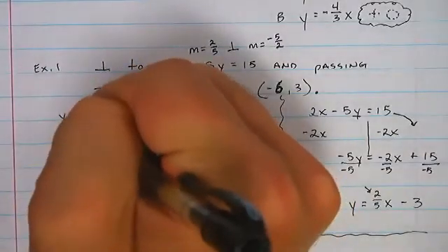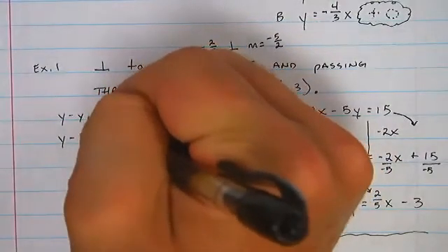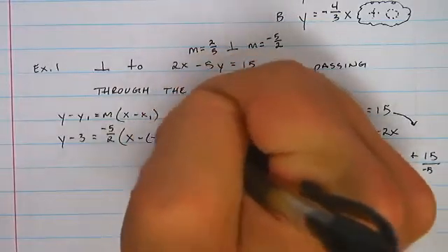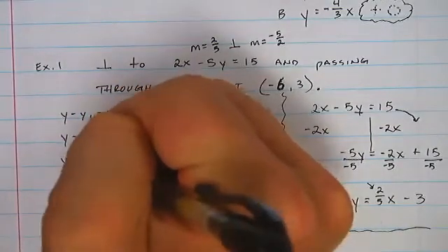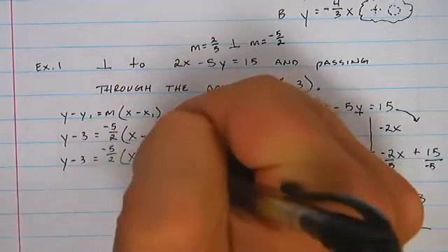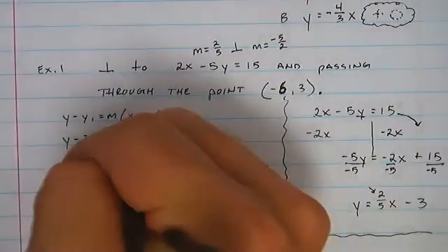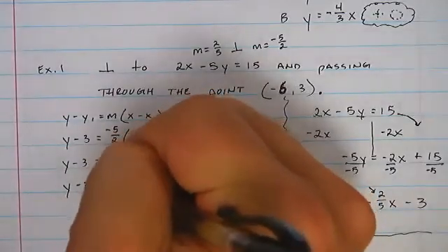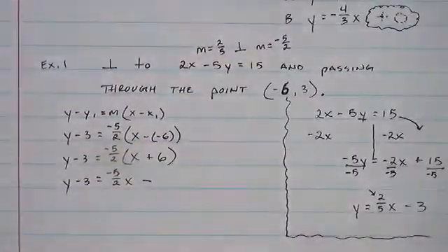I've got y minus 3 equals negative 5/2 x minus negative 6. Okay, again, just cleaning up the signs is the first step. That always just helps me keep the arithmetic fairly simple. Now I can go ahead and do my distribution. So negative 5/2 x. And then a negative times a positive, it's going to be negative.